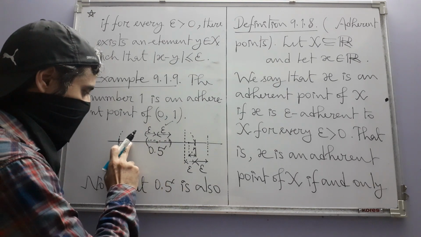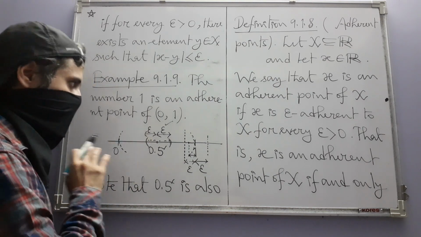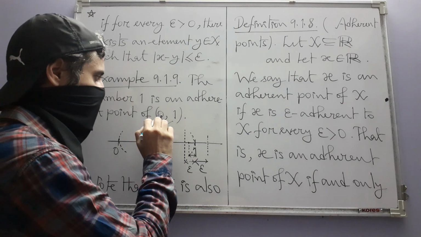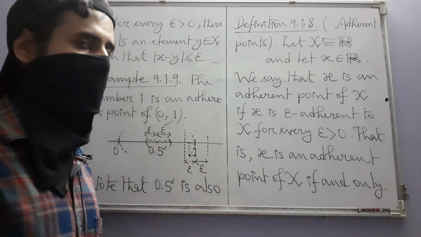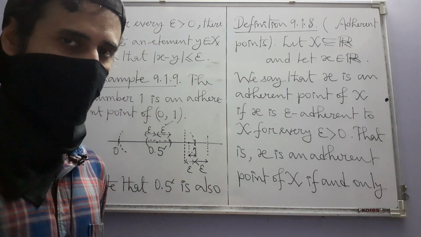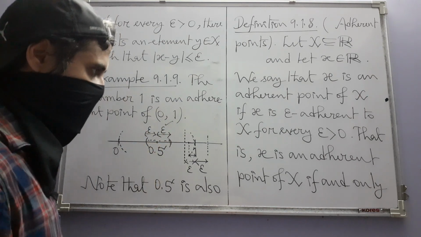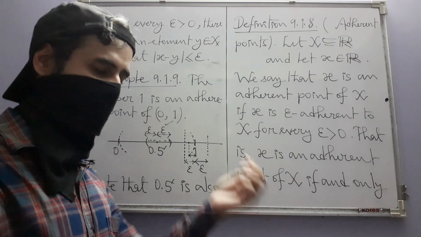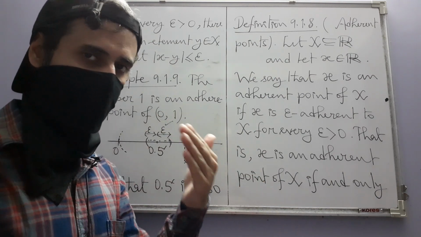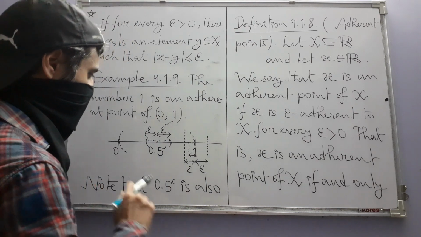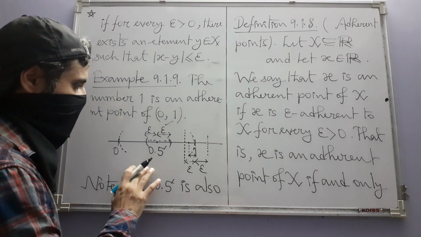It is true for any element of the set itself. In other words, every element of a set is its adherent point in a trivial way, because regardless of what epsilon you choose, you can always choose that element from the set itself. So its distance from itself is 0, and 0 is always less than epsilon. So you get the result almost.